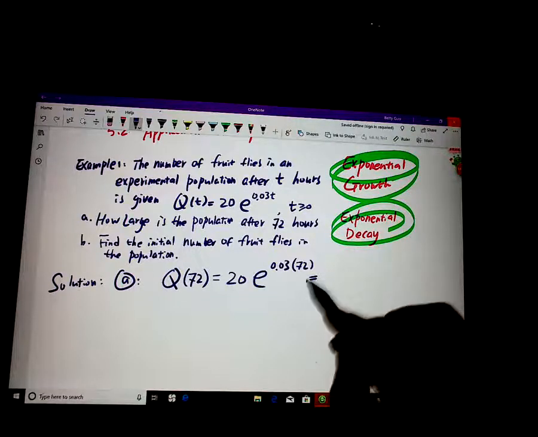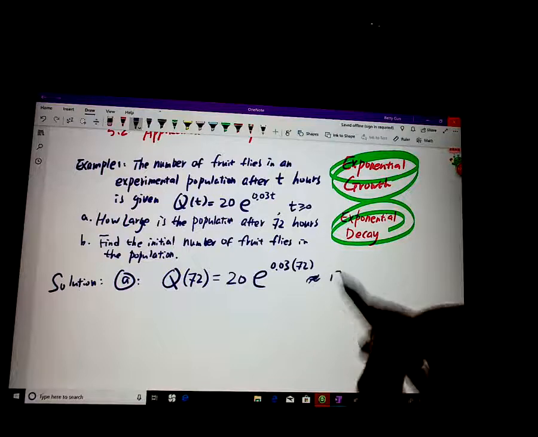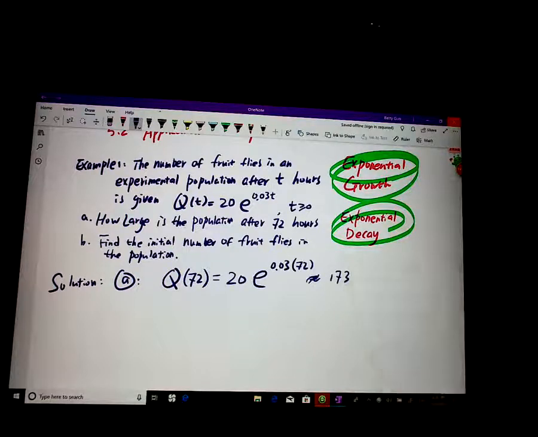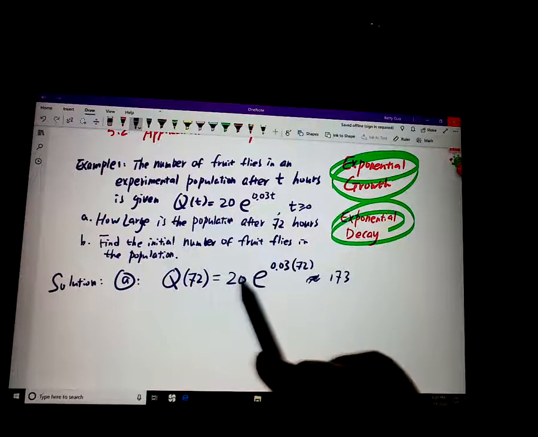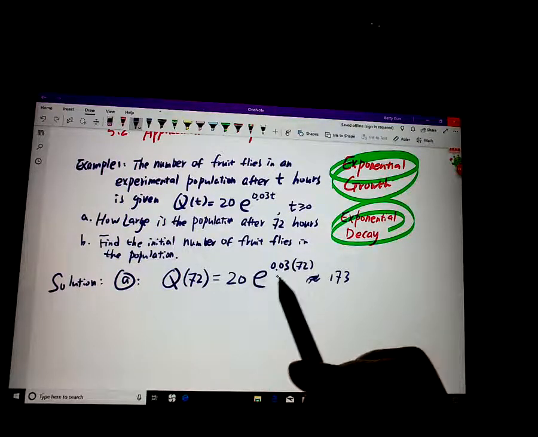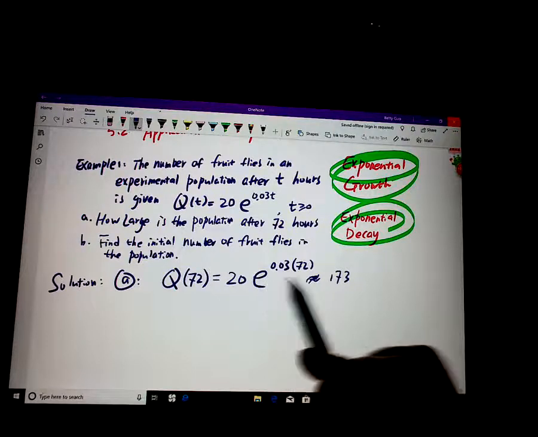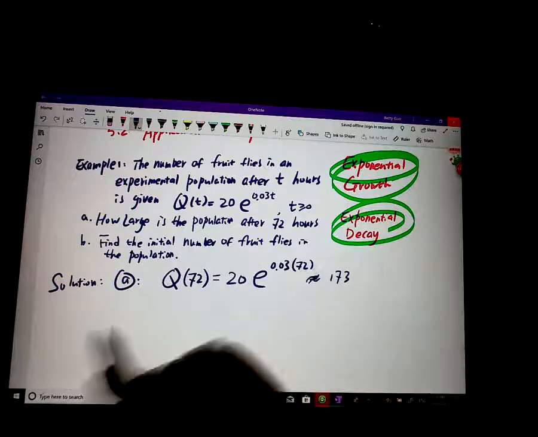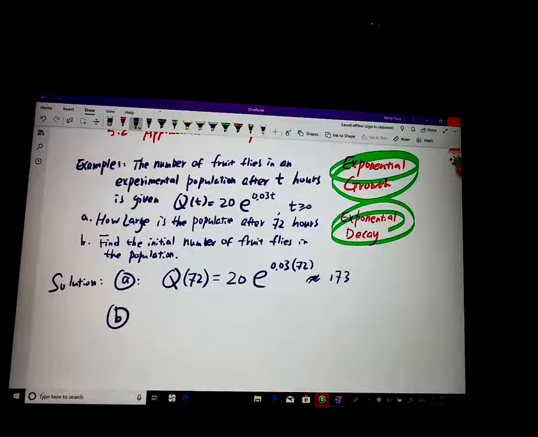It's about equal to 172. After 72 hours, the population of the fruit flies is about 172. You just enter 20, and then use the e to the x function in the calculator, and the exponent is 0.03 times 72.